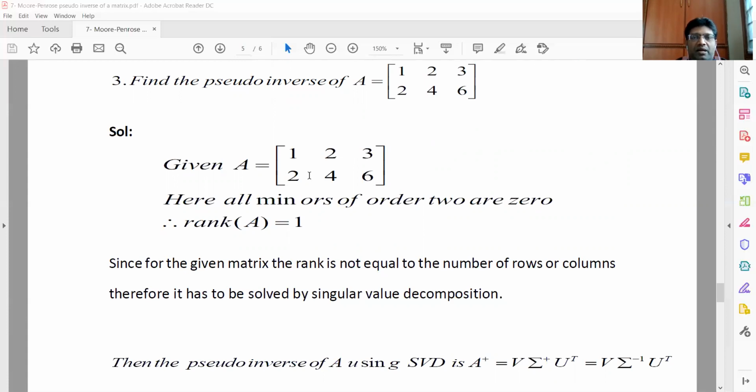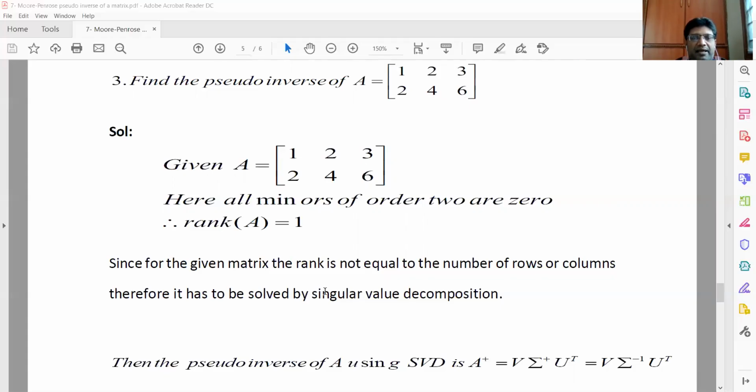But here we are unable to find any 2 by 2 minor. If you take this one, 4 minus 4 is 0, 12 minus 12 is 0, first and last also 6 minus 6 is 0. So no second order minor is possible. Therefore, the rank of this matrix is 1. Clearly 1 is less than the number of rows as well as the number of columns. Therefore, it is rank deficient.